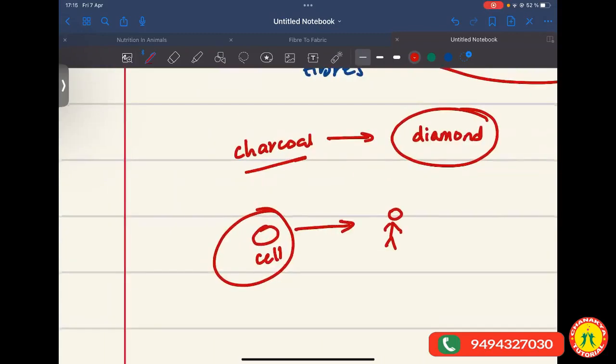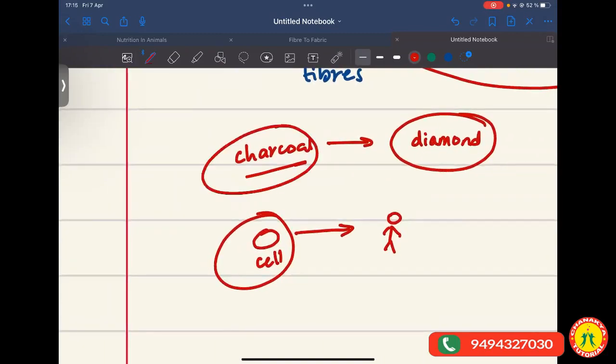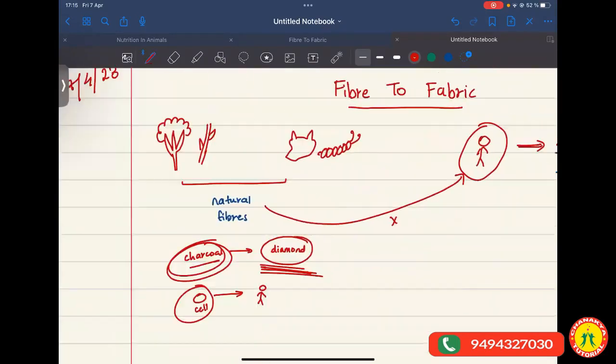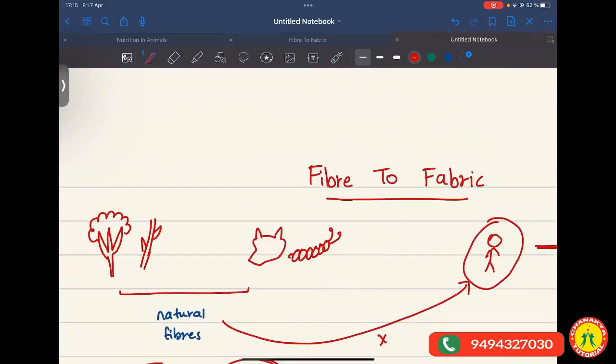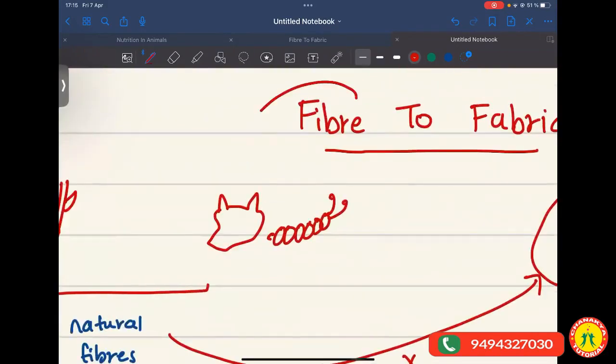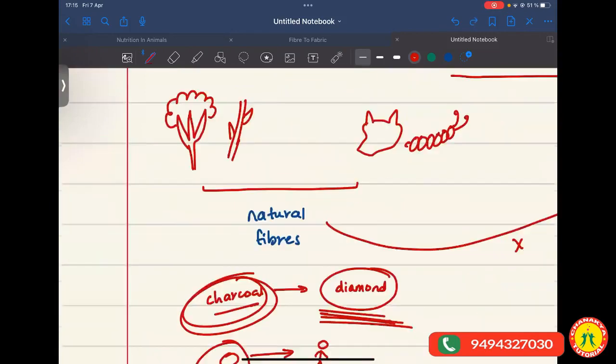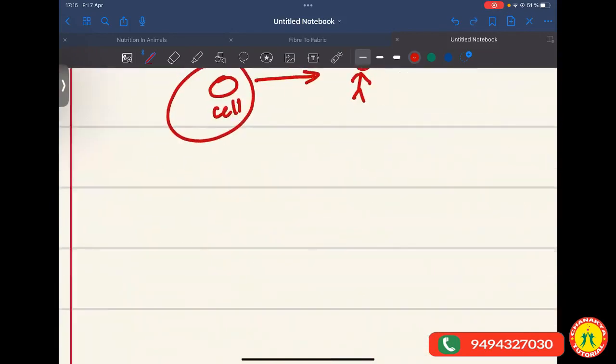Like that, the basic material for your cloth, towel or blanket to be made is called fiber. Fiber is a very basic raw material.